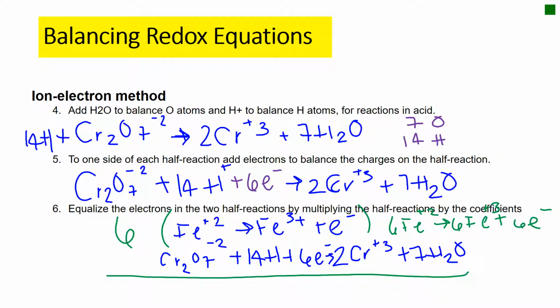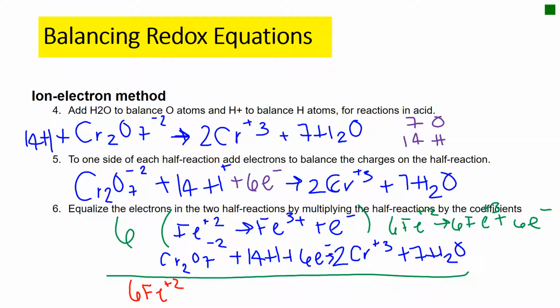get our overall reaction, and the way we're going to do this is through a process of elimination, basically saying that if we have one element or compound on one side and it is found also on the other side, then they both cancel each other out. So we're going to start by looking at how many 6 Fe's we have on the right and on the left. On the left we have 6, but on the right we don't have any, so that doesn't cancel out, and it immediately goes into our overall reaction.